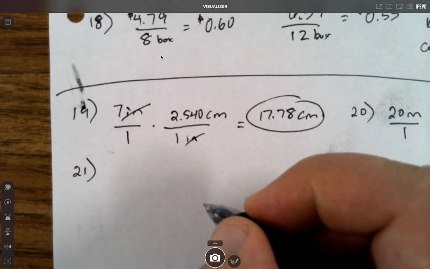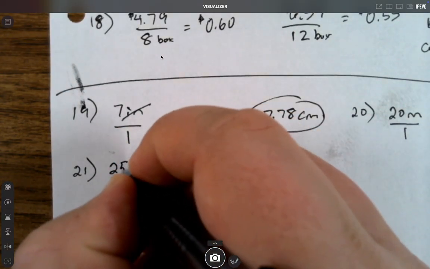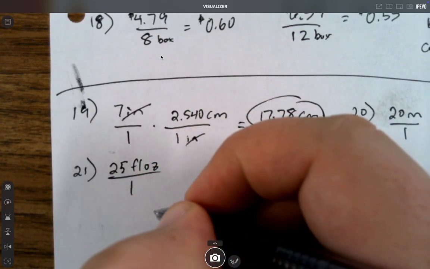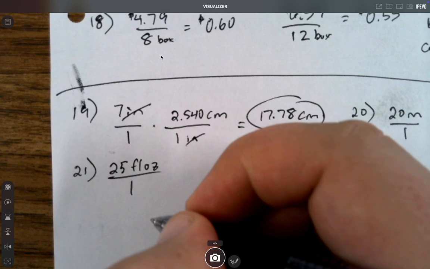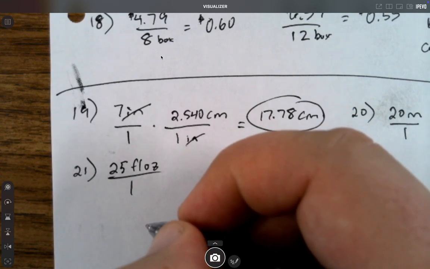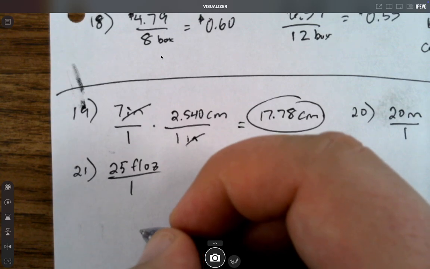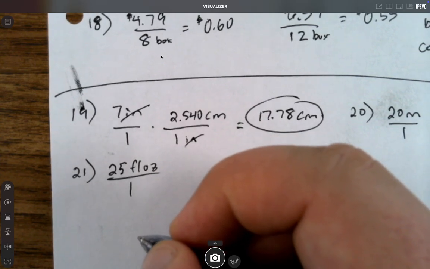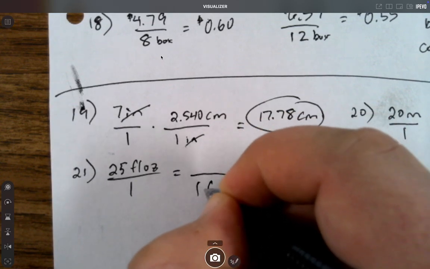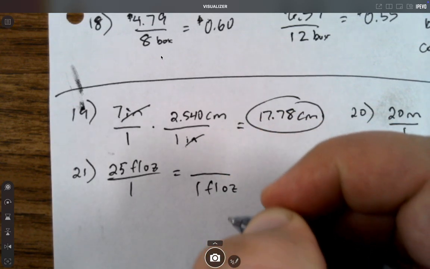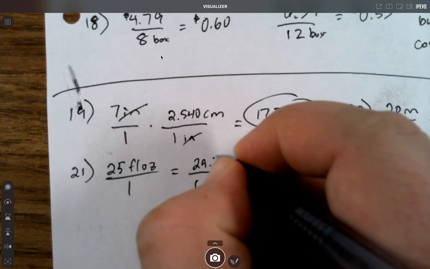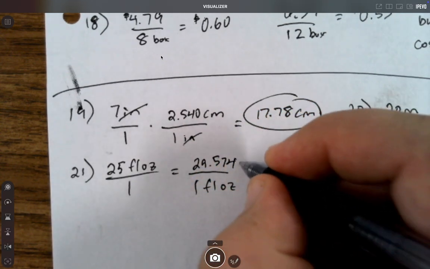Okay, 21, we're trying to convert fluid ounces over to milliliters. So this is going to be in the second section where it says capacity. It's the middle section, and it tells us 1 fluid ounce is equal to 29.574 milliliters.